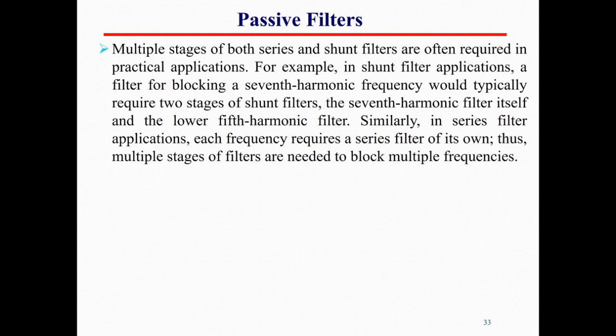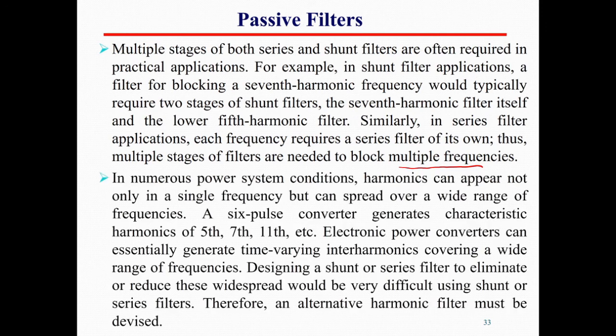Similarly, in series filter application, each frequency requires a series filter of its own. So if you would like to block several harmonics, then you need several stages of series filter.